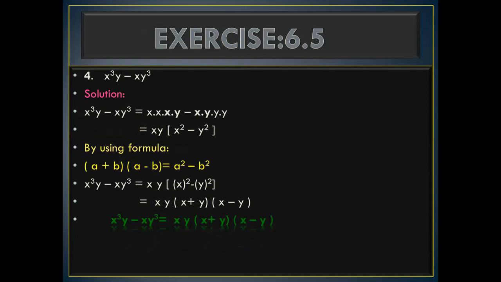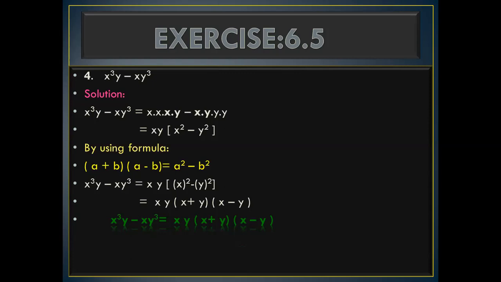Now you see in this question again, x cube y minus xy cube. So x cube is not the square of any term and y cube also is not the square of any term. It means that first we split the terms, then we take common and we apply the formula on the remaining term. x cube means 3 times x into y minus x into 3 times y. xy is common in each term. We take common xy.